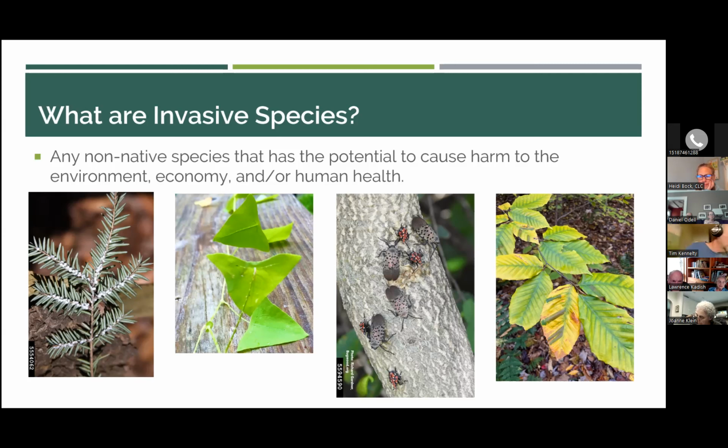The end result is that they are able to thrive in certain environments that are detrimental to our native plants. They did not evolve on this continent, and so their hosts and their predators aren't here to keep them in check, unlike our native species.